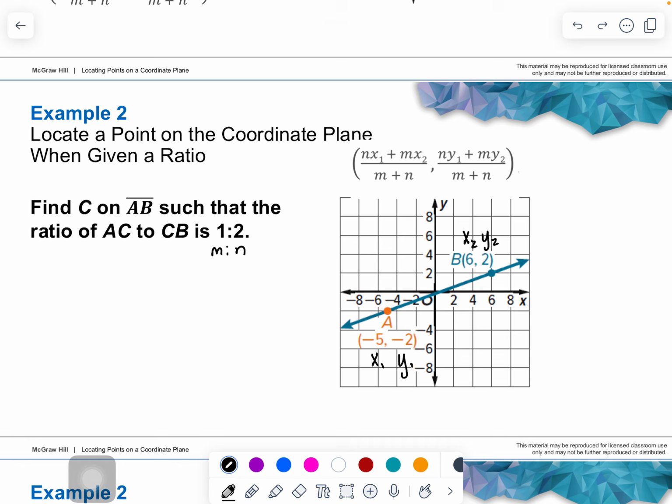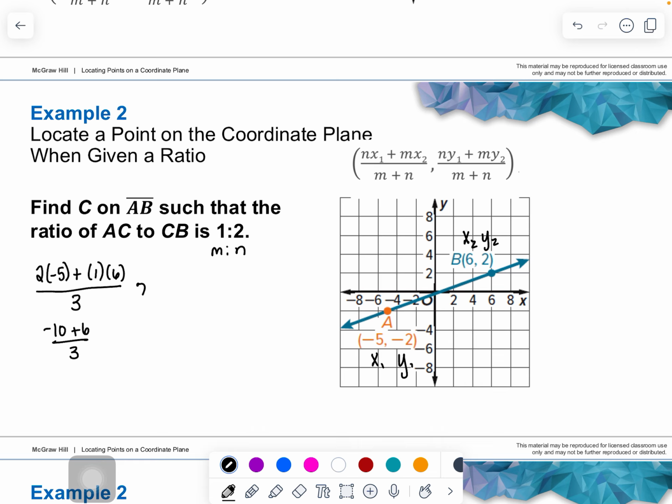All right, so if we fill this in, n is going to be the number 2 times x1, which is -5, plus m, which is a 1, times x2, which is a 6, all over 1 plus 2, which is 3. And if I were to multiply that, that's -10 plus 6 all over 3.